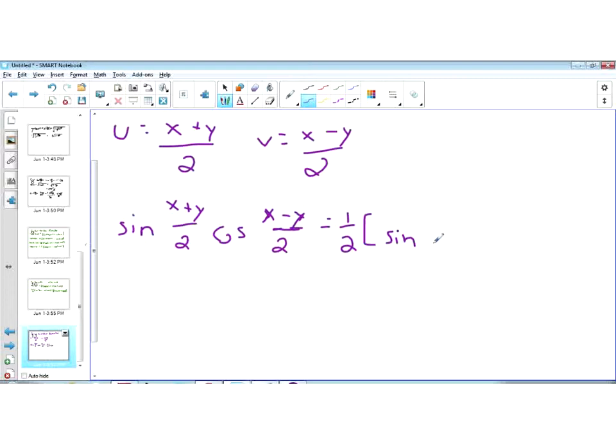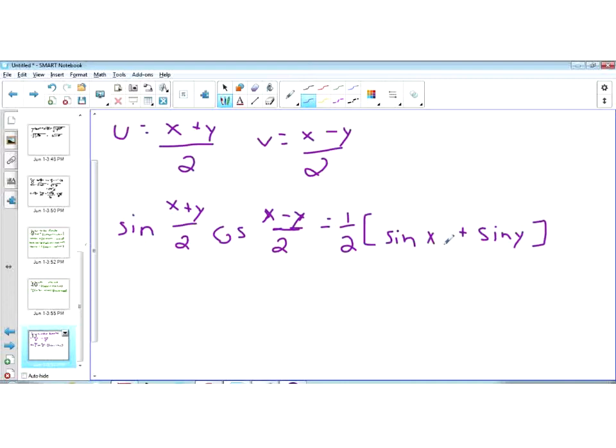So that would be 1/2 the sum of u plus v, which is x, plus the sine of the difference, which is y. So u minus v is y. Okay, so that's how we can convert sum to products.